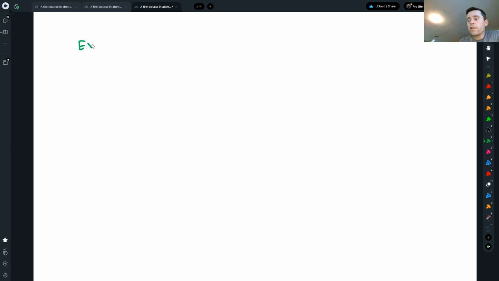All right, so let's see an example of the first Sylow theorem. So take A5 to be the alternating subgroup in S5. Remember, S5 has size 5 factorial, so 5 times 4 times 3 times 2 times 1, which is 120.